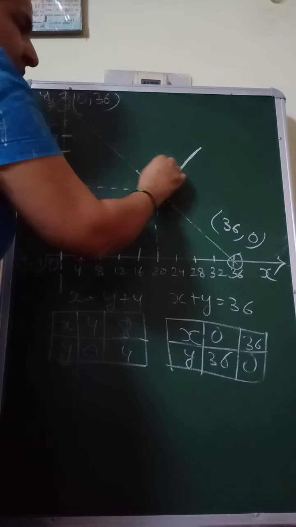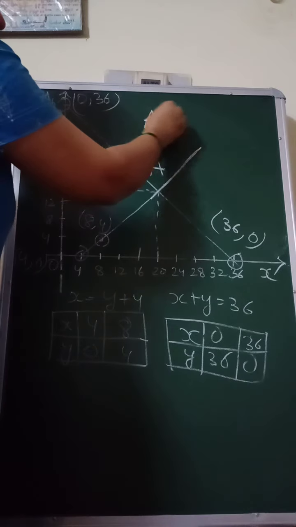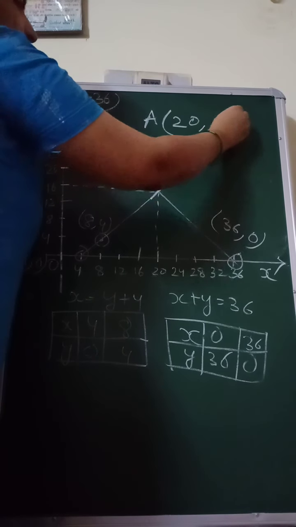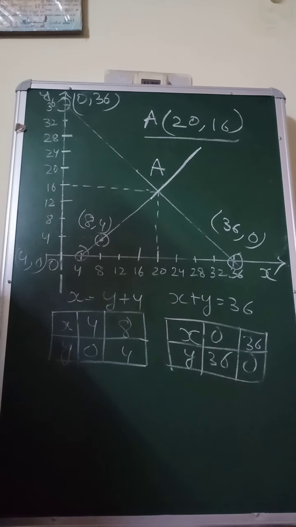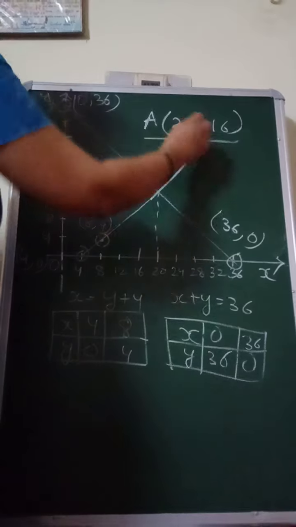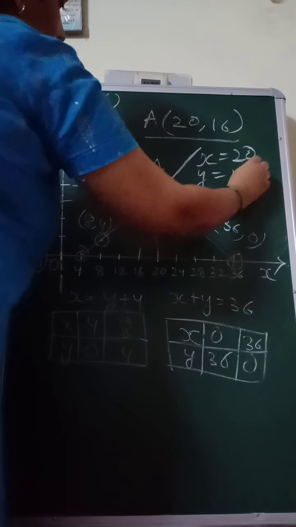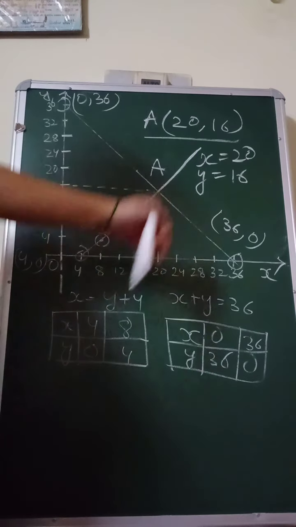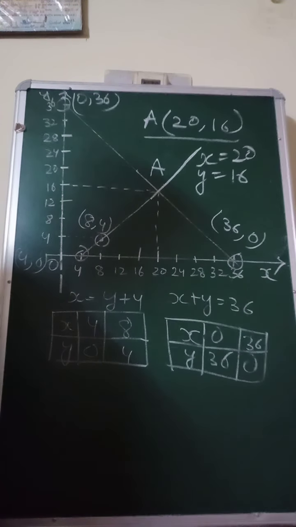Suppose this is point A. The coordinates of point A are 20 and 16, and these are the dimensions of the rectangular garden. Here x is 20 and y is 16. X is your length and y is your breadth. So this is your question number 5.